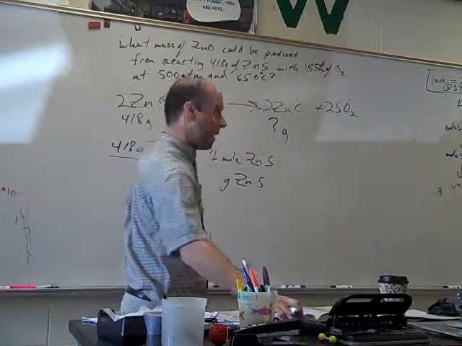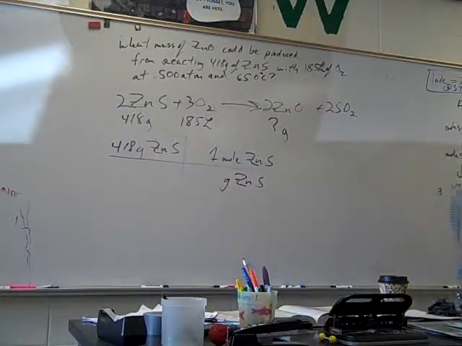So we need to add up the mass of this thing. Zinc is 65.4, plus sulfur is 32.1.